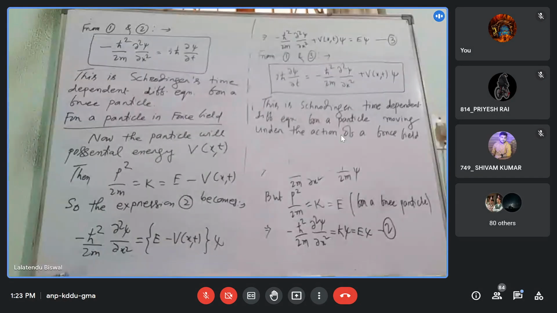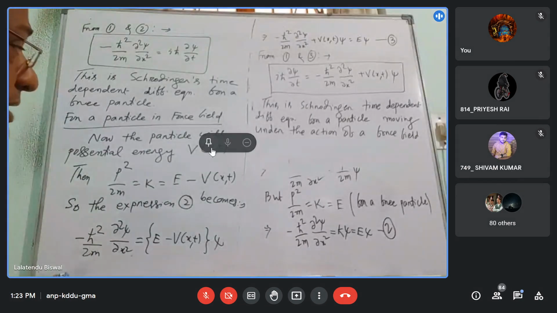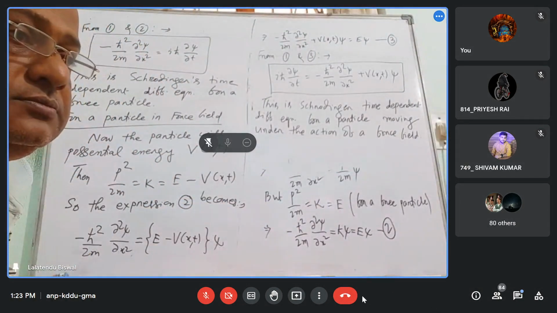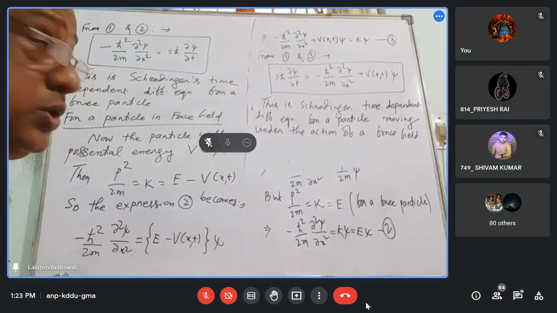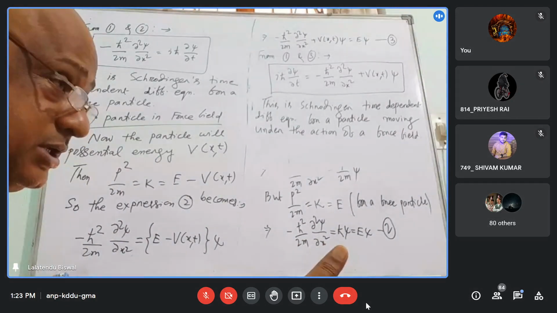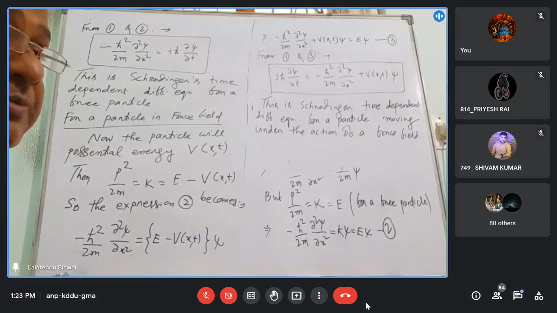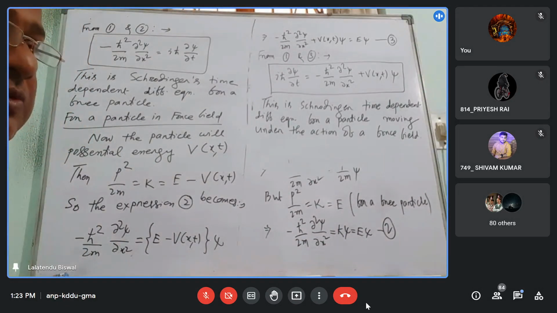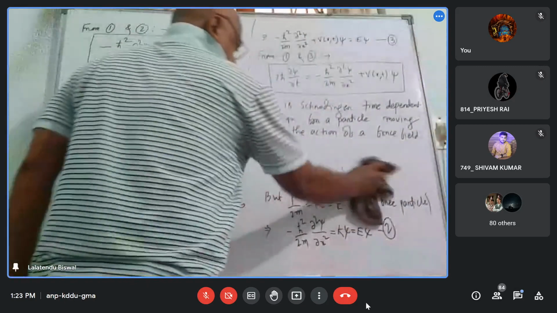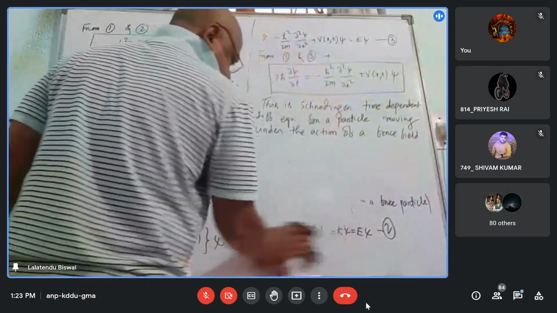In this Schrodinger time dependent equation that we derived, we took kinetic energy as p²/2m. So kinetic energy is equal to p²/2m only when the particle is moving non-relativistically. For the relativistic case, this is not applicable. So Schrodinger equation has some limitations. These limitations can be noted like this.